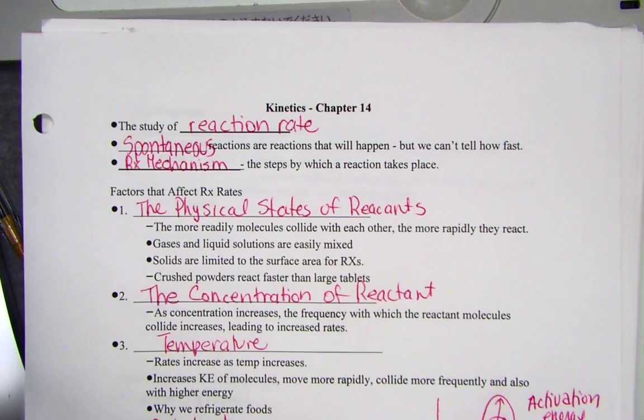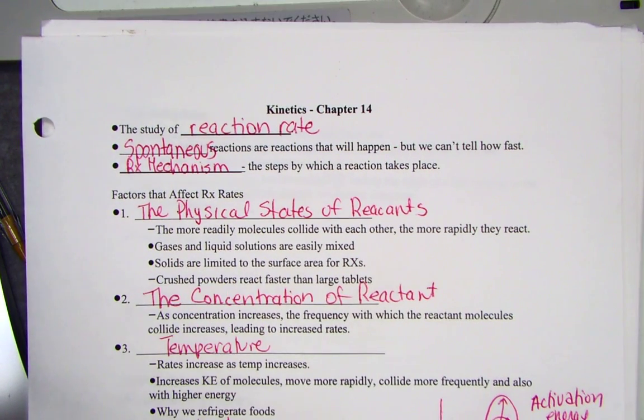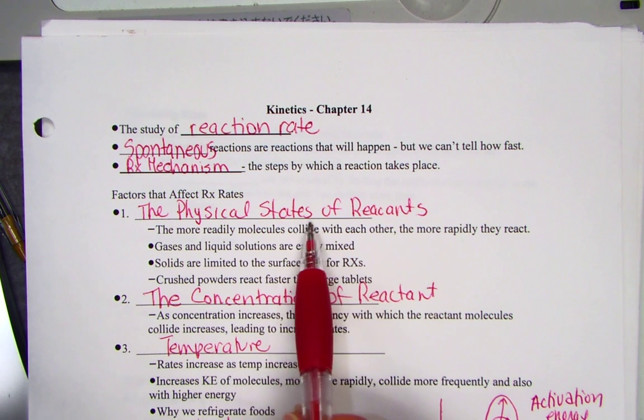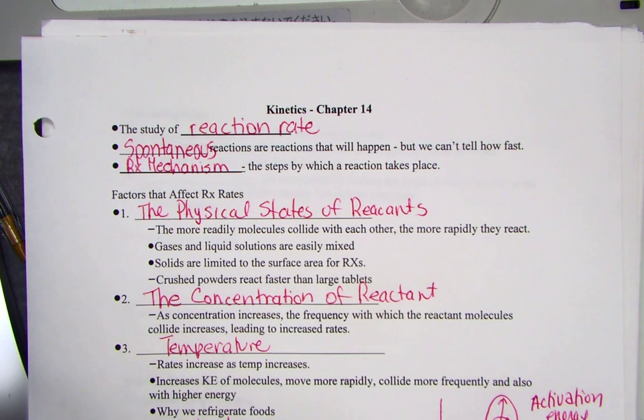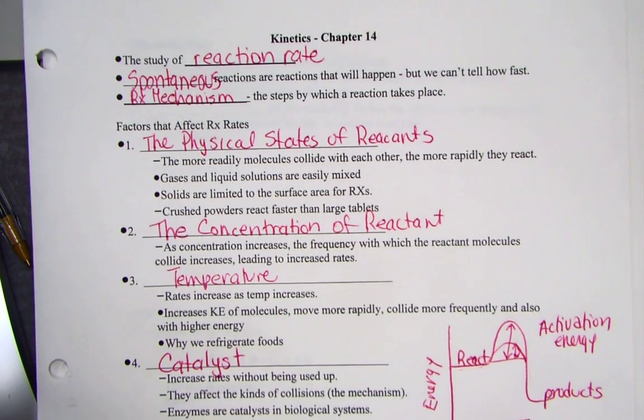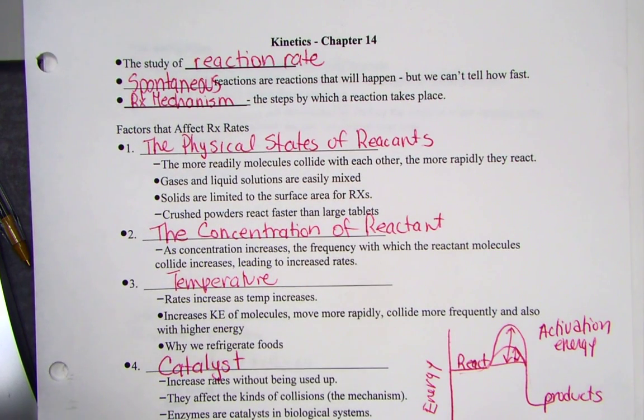So the four factors that affect reaction rate: the physical states of reactants. Are they solids? Are they liquids? Are they gases? We know the more energy they have, such as gas molecules, the more likely they are to collide. Number 2, the concentration of reactants. As concentration increases, we're more likely to have collisions, and therefore rates will increase.